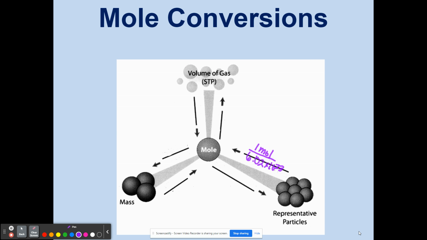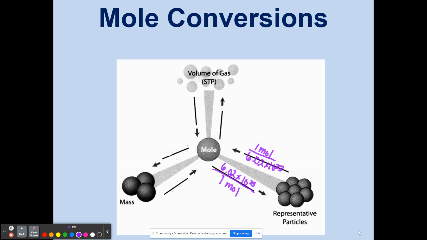If I go the opposite way, from moles to particles, I flip this equality. So I have 6.02 times 10 to the 23rd over 1 mole.